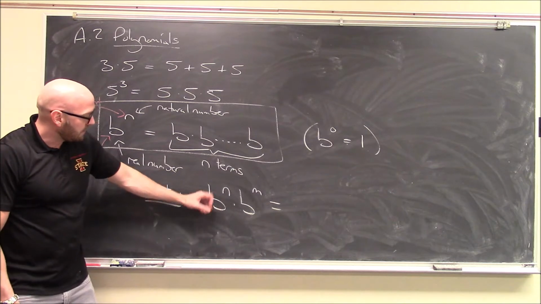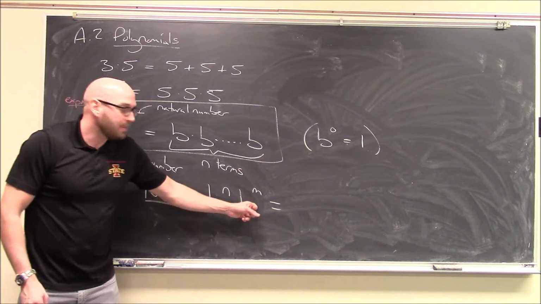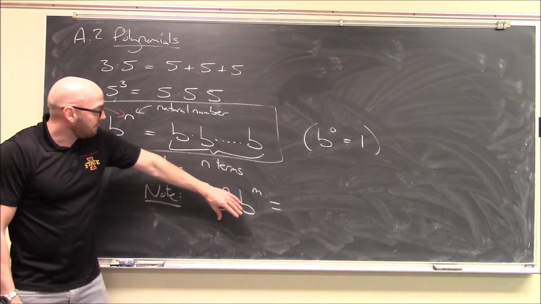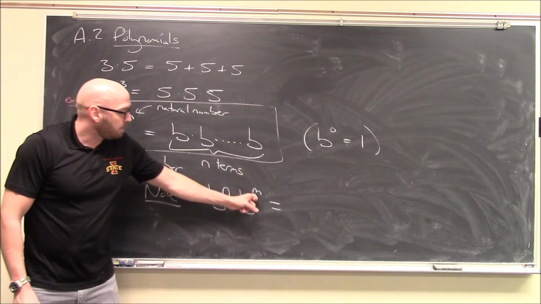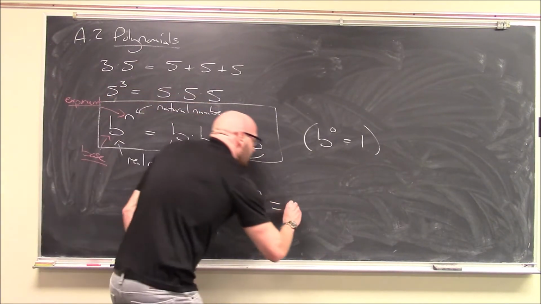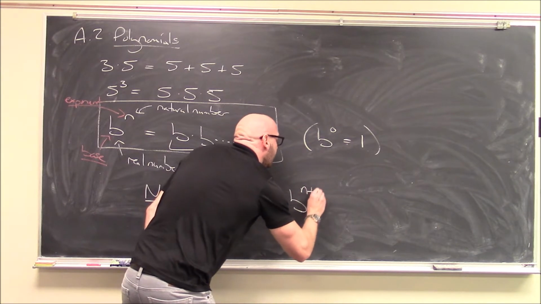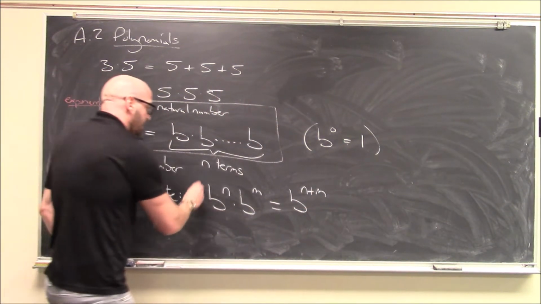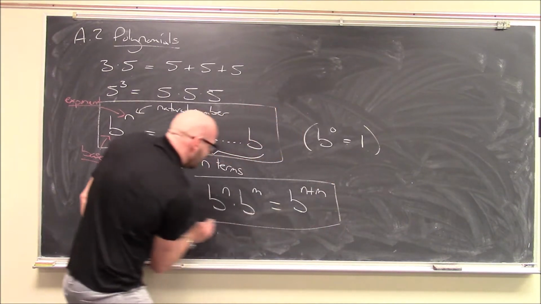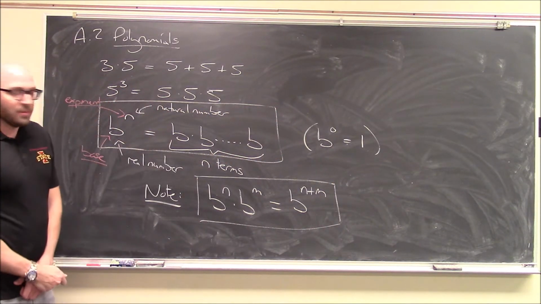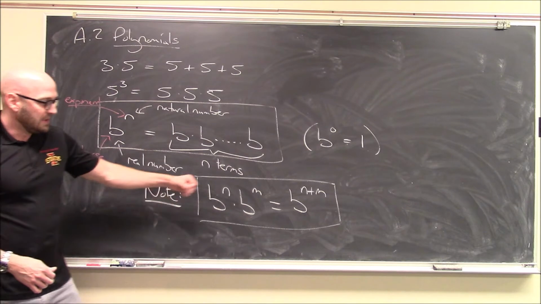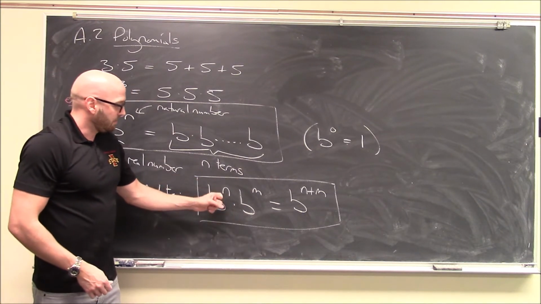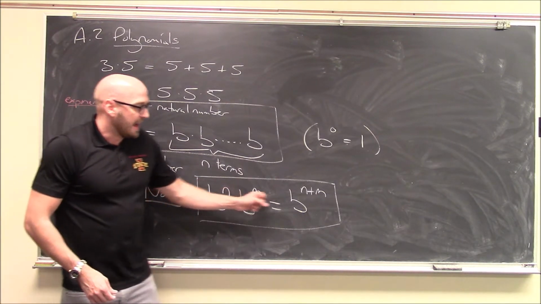How many copies of b do I have here? I've got n plus m of them. So this is the same as b to the n plus m. And this is perhaps the most important property of exponents, how they interact with each other under multiplication. As long as the bases are the same, you can add the exponents together.